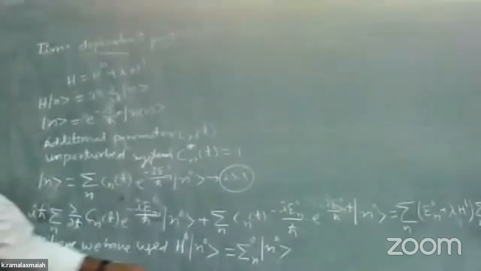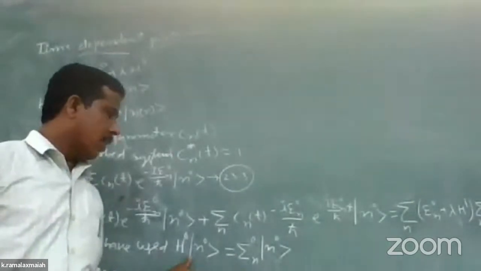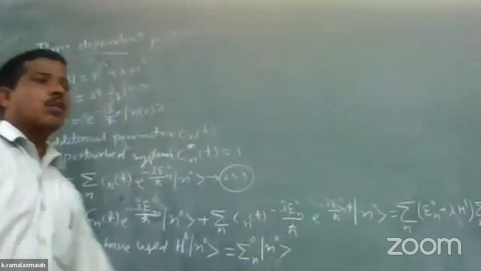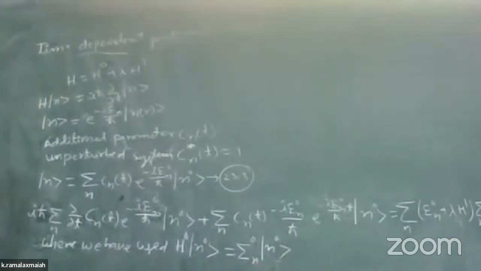These are bracketed terms, and you have to multiply by psi s naught.